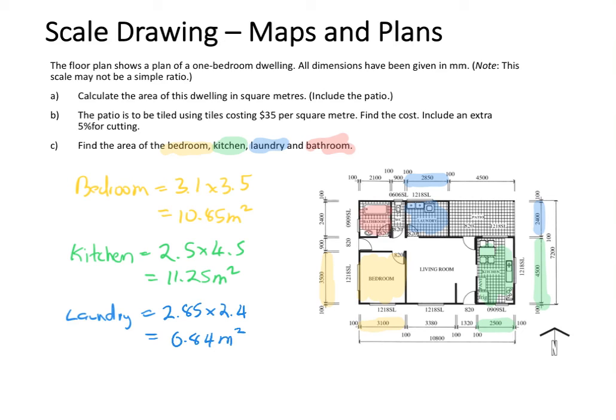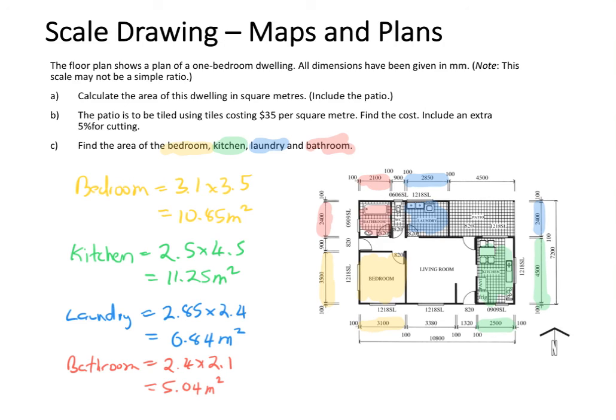And lastly, we're going to calculate the area of the bathroom. The dimensions of the bathroom are going to be 2,400 millimeters and 2,100. So the area is going to be 2.4 times 2.1, which equals 5.04 meters squared.